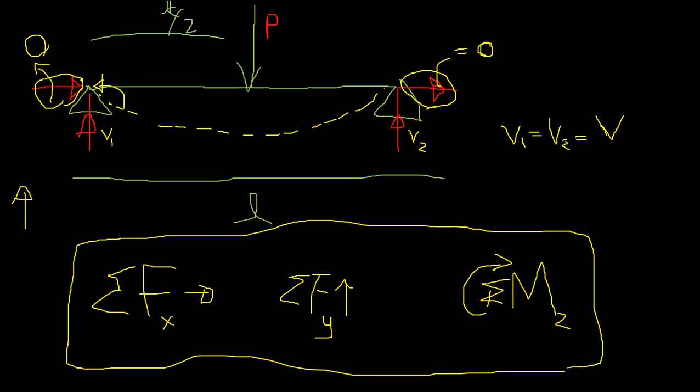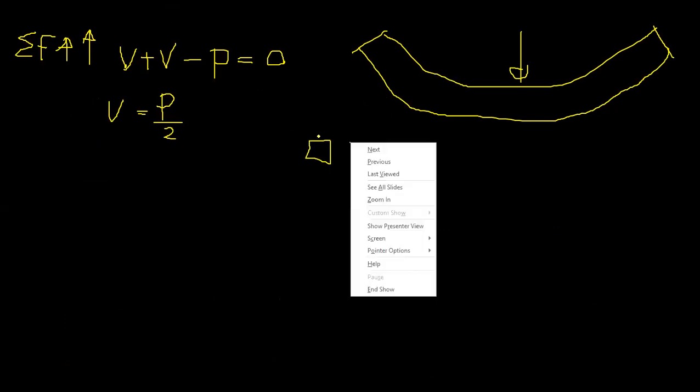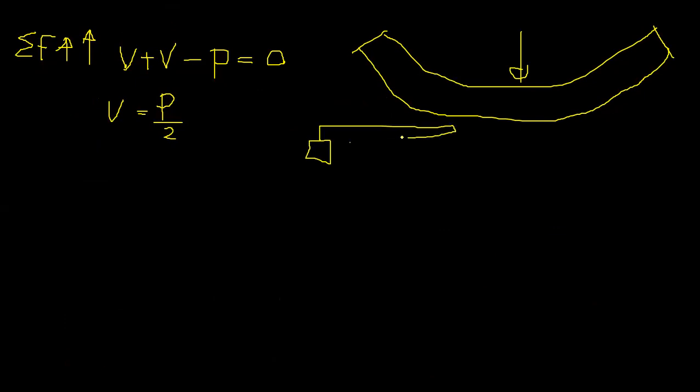Why? Because the pin support doesn't provide any reaction to bending moment, right? It is just like you keep something on a thing. You prevent its translation, but it can rotate like this when you load it, right?